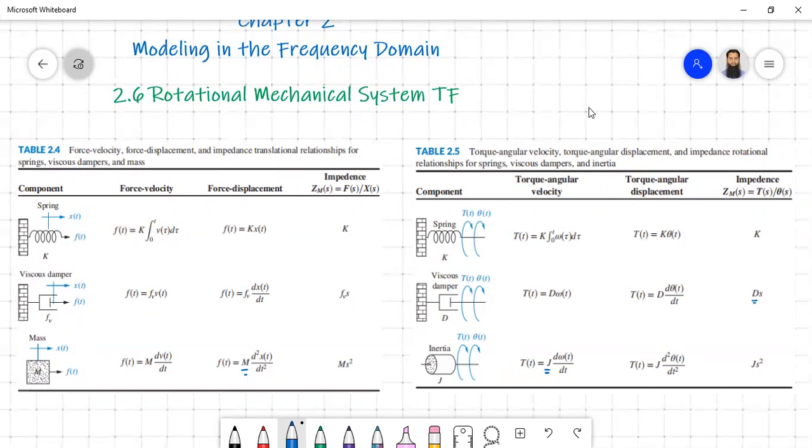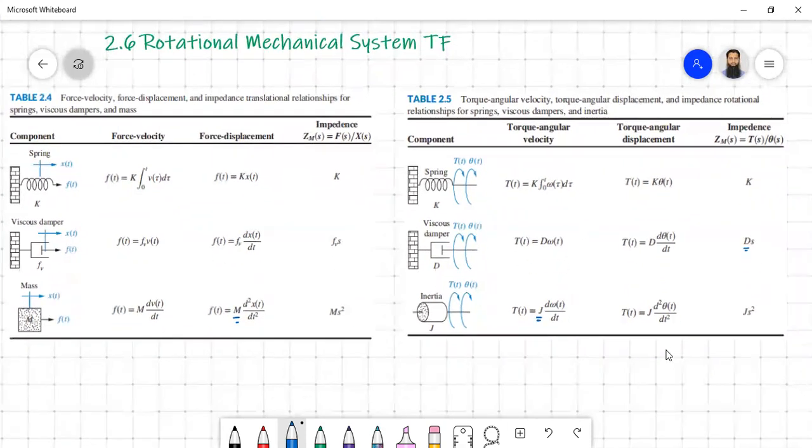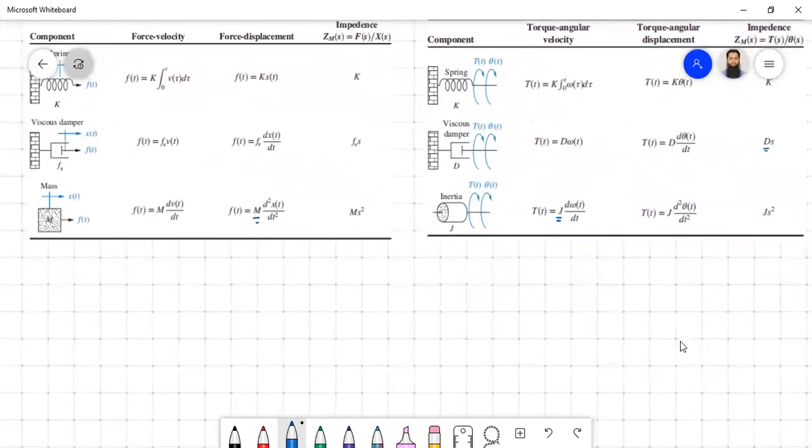But once you are familiar with the topic, you don't have to go into the free body diagram. The free body diagram will be slightly different than the previous one, but don't worry, we'll discuss most of it in detail.